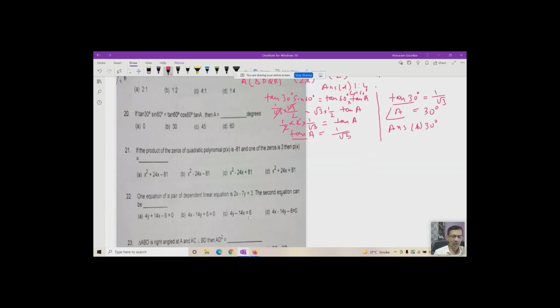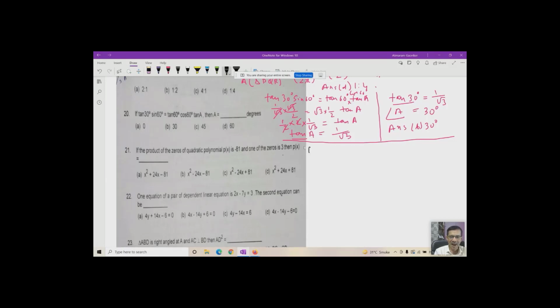First of all, the required polynomial when alpha and beta are known is written this way. Let me use a black color over here.